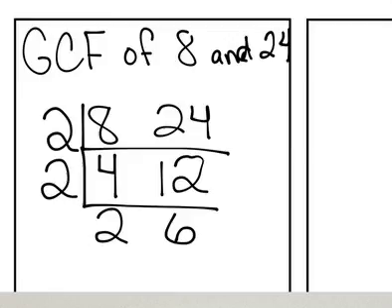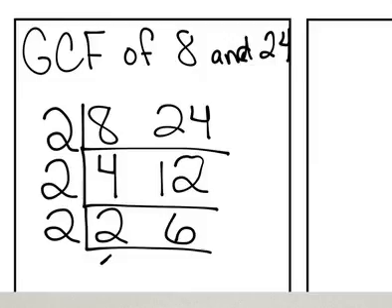Once again, look at your bottom layer and ask yourself again, what can go into 2 and 6? Aha! Hopefully you said we can divide both of those numbers by 2. So once again, make another layer, and we're going to divide by 2 again. 2 divided by 2 is 1, and 6 divided by 2 is 3.